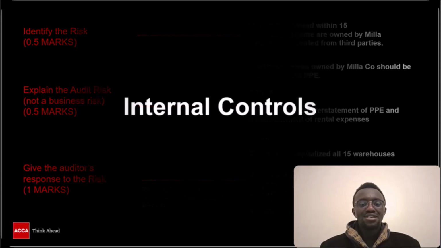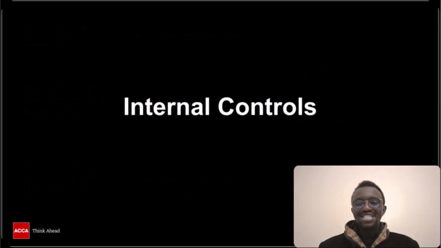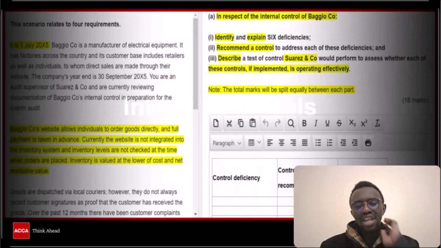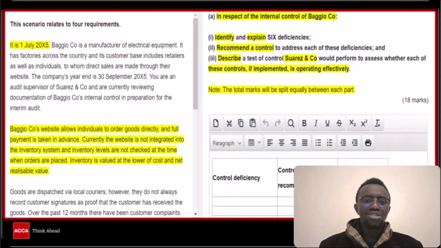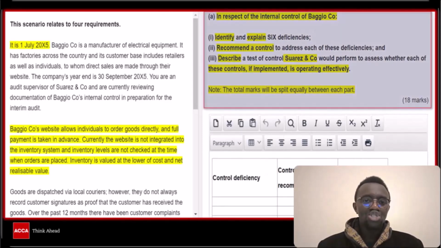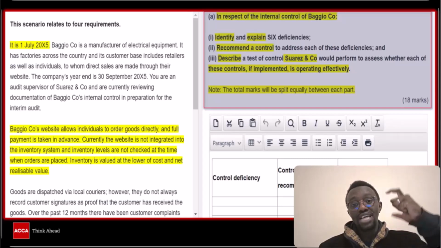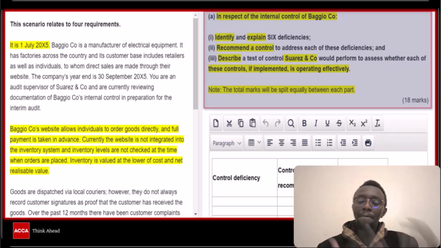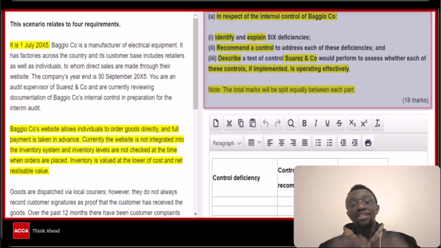Right? Let's move on to the next one, internal controls. Now, again from the specimen, I want us to look at this. Here's the question. You're told, in respect of the internal control of Baggio company, first and foremost, identify. That means pinpoint from the scenario. And then the second thing is explain.